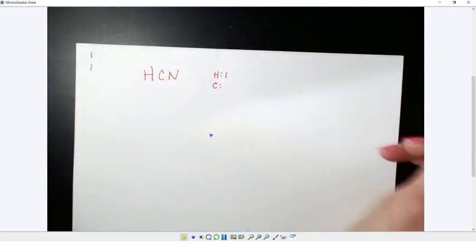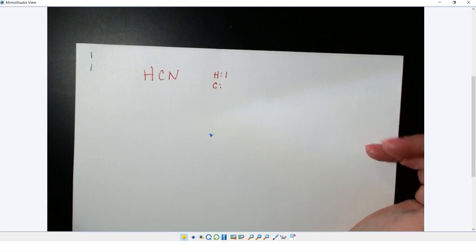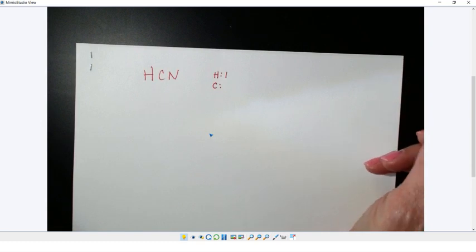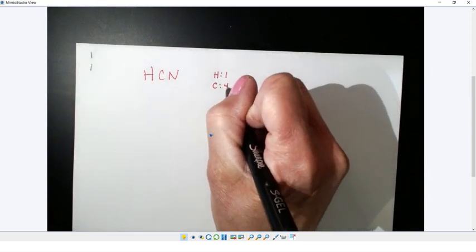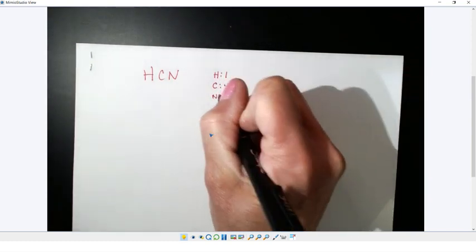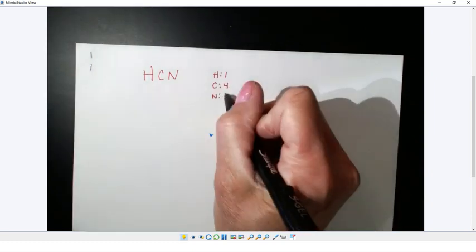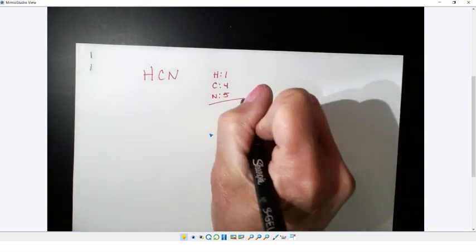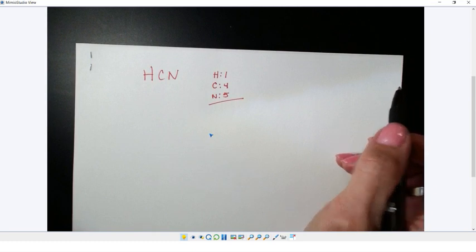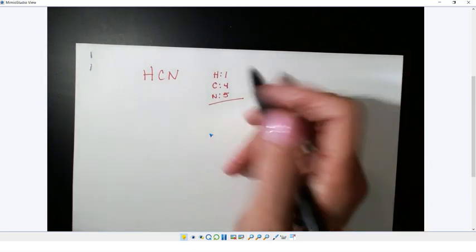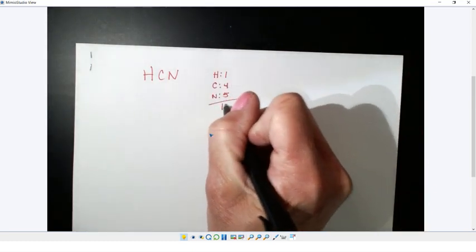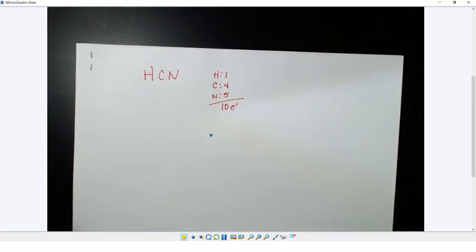How many valence electrons does carbon have? 4. How many valence electrons does nitrogen have? Very good. So we're going to count up the total number of valence electrons for all of the atoms involved. So right now we have 10 valence electrons.